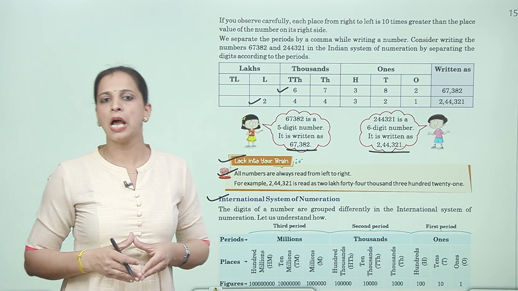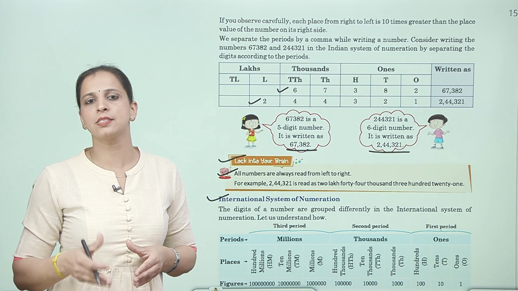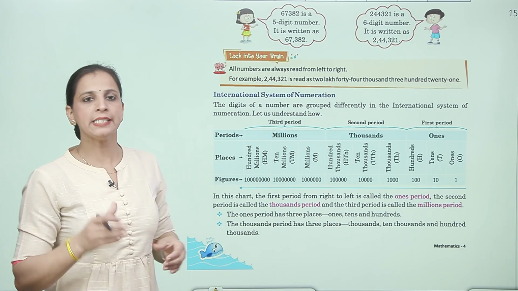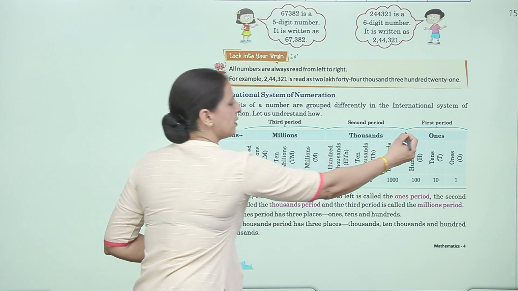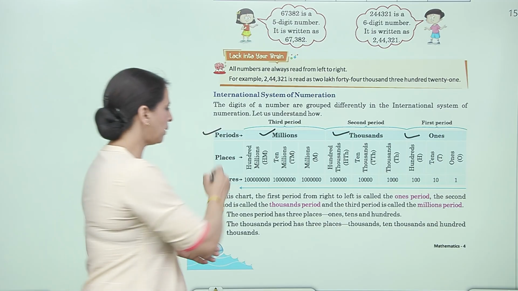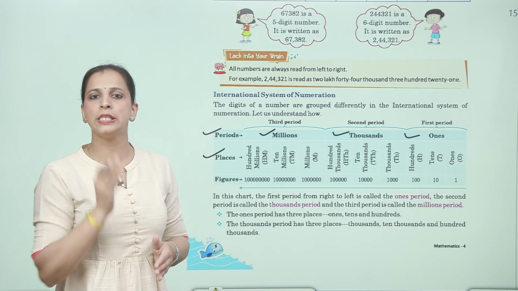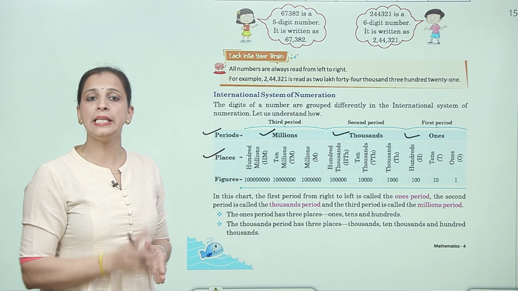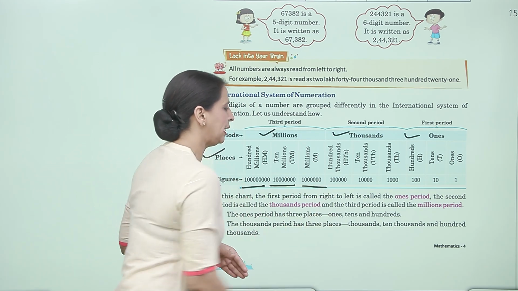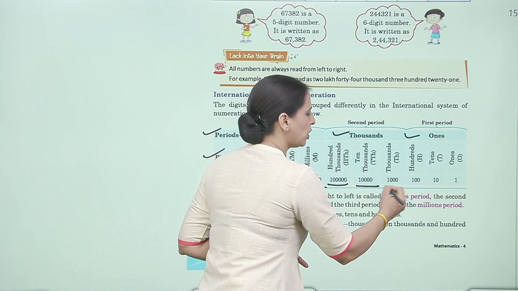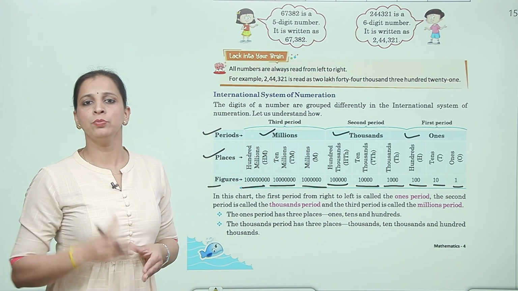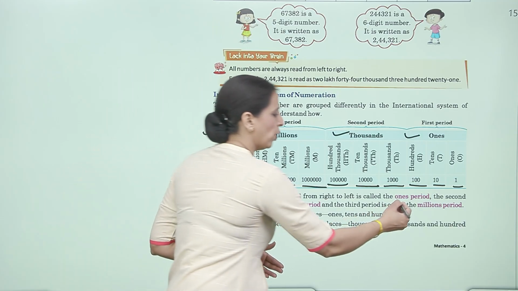The digits of a number are grouped differently in the international system of numeration. Let us understand how. Now, these are the periods: ones, thousands and millions. Ones, tens and hundreds are the places. Then 1,000, 10,000 and 100,000. Then million, 10 million and 100 million. Figures 100 million, 10 million, 1 million, 100,000, 10,000, 1,000, 100, 10 and 1. In this chart, the first period from right to left is called the ones period.